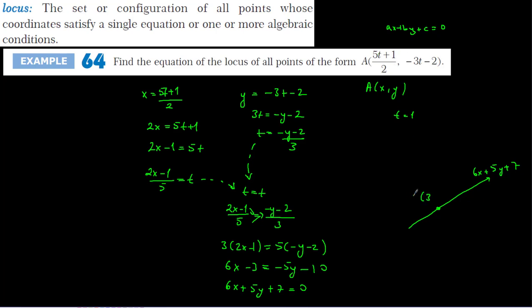Then this point A has x equal to 3 when t is equal to 1, and y is equal to minus 5, so it should be on the line. When you put the values 3 and minus 5 in, you are going to see that the equation is equal to 0. So this point satisfies the equation, which means this point is on the line.